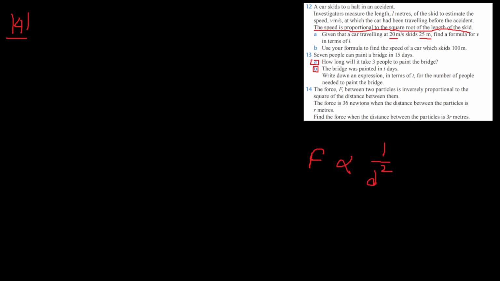So the formula is going to be F equals K over d squared, or you can write F equals K times 1 over d squared. This is recommended because it's easier. These mean the same exact thing, but whatever you wish.